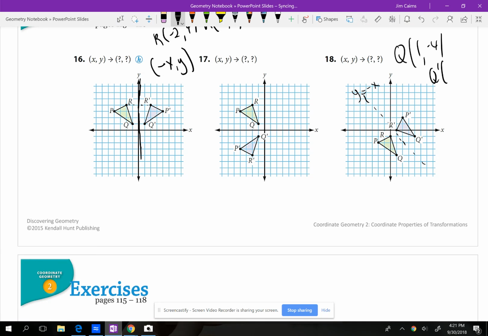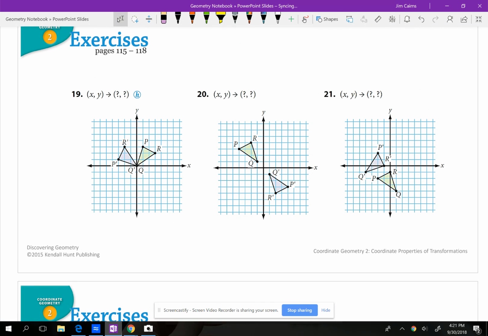Q prime, x is 4, y is minus 1. Looks like we're going to switch the y and the x and change both their signs. That's the ordered pair rule.